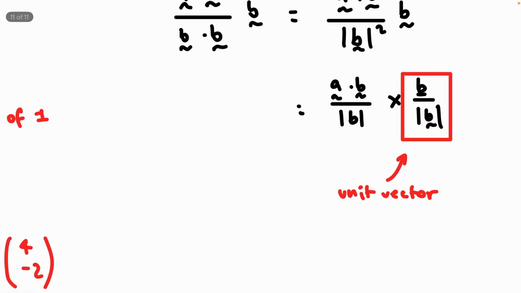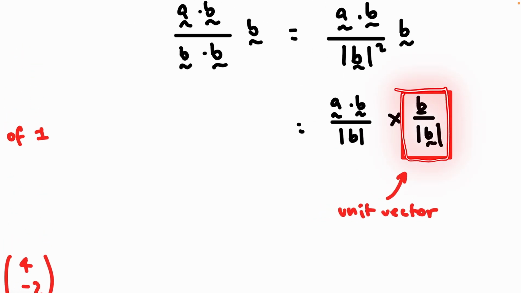So let's go back to our equation. We're saying this part here simply denotes the unit vector. This has a magnitude of 1, but it's in the same direction as the vector b. But we don't care about the direction. We don't care about this section at all. All we care about is the actual change in magnitude. And we know this part has a magnitude of 1.